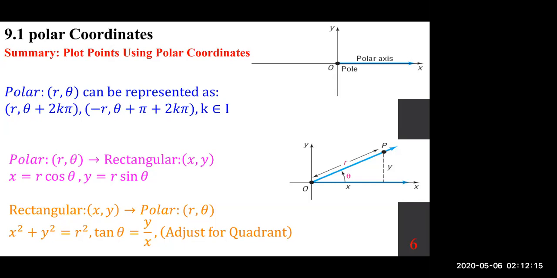Okay. So for example, if you're looking at P, this point, as you can see, has coordinates x comma y.